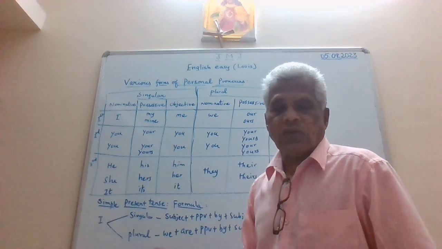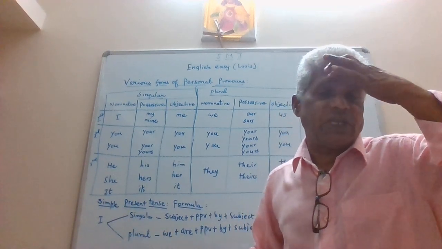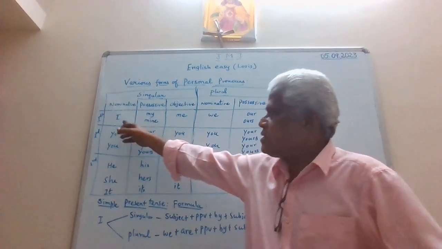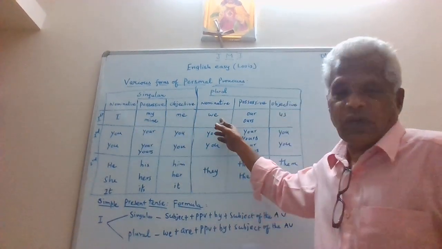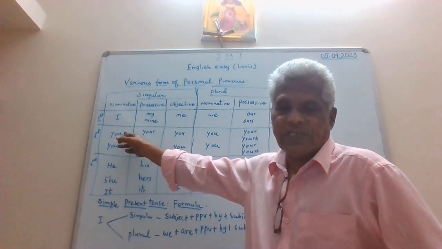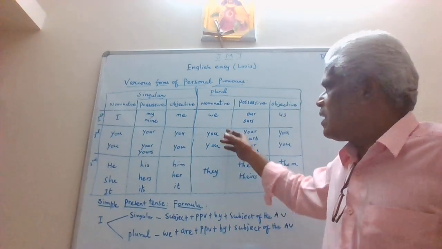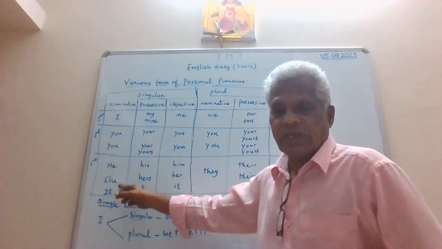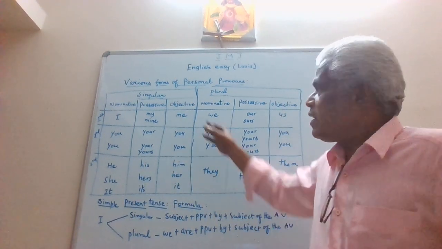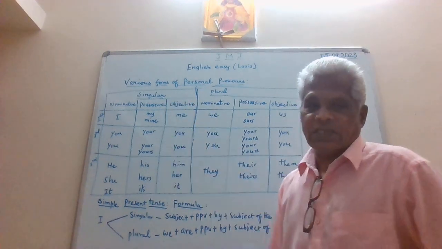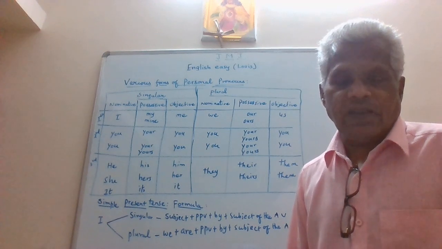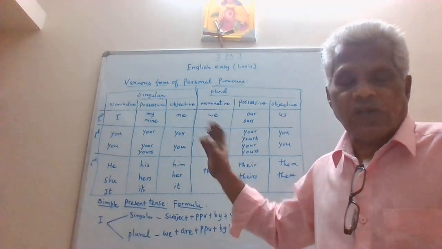Nominative is what I told you in my previous video, subjective. You have I, singular here and plural here, and the second person singular as well as plural here, and third person singular here, third person plural here. Depending upon the usage, the case changes. The noun also changes.